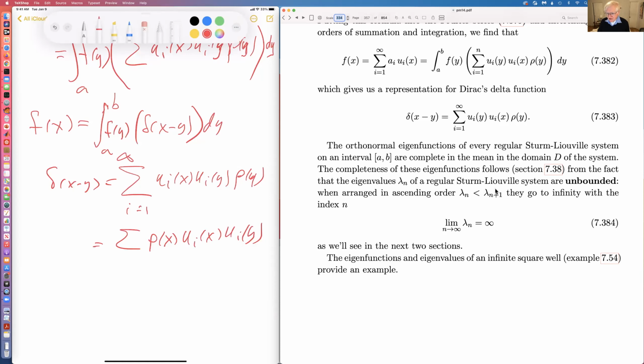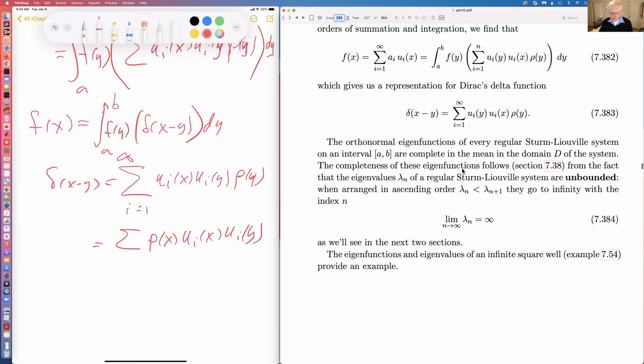The completeness follows, and we'll get to that in a moment. The completeness follows from the fact that the eigenvalues of an SL system, a regular SL system, are unbounded. And when arranged in increasing order, they go to infinity with the index. And that's what gives us the completeness.